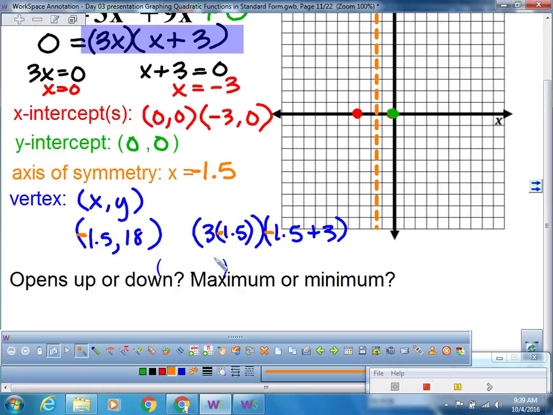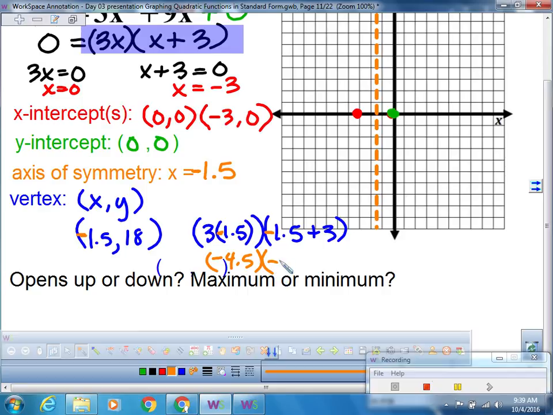So this is negative 4.5 times what's negative 1.5 plus 3. Now tell me what negative 4.5 times 1.5 is. Who has a calculator? 6.75?